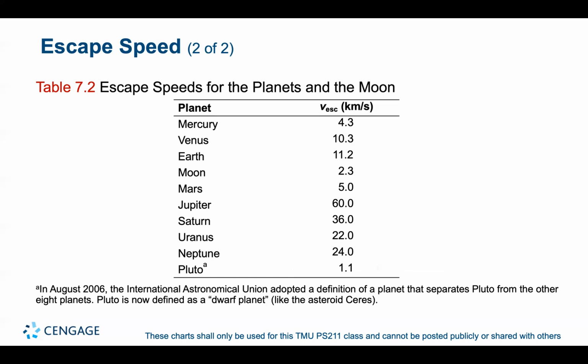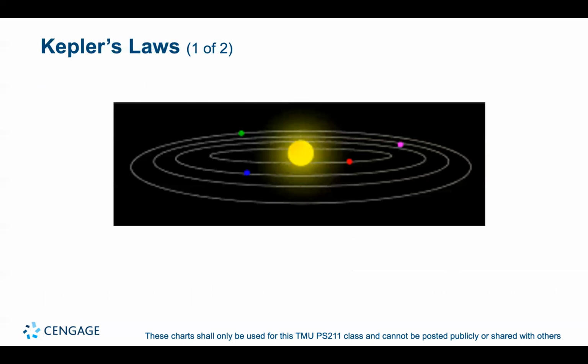You can see that its escape speed is even lower than that of the moon, giving you a perspective of that. And of course, for the larger planets, these numbers would be a lot larger. Jupiter and Saturn, the largest planets in our solar system, are going to be a lot bigger.